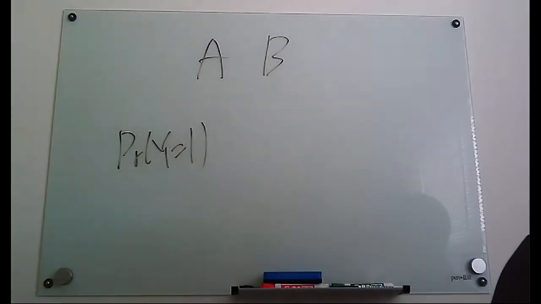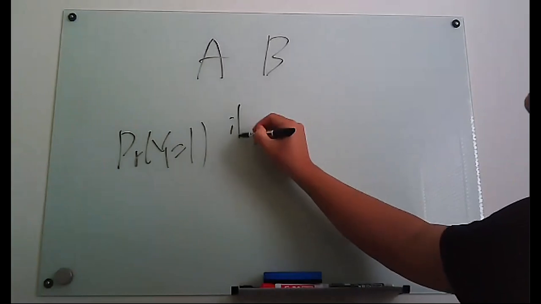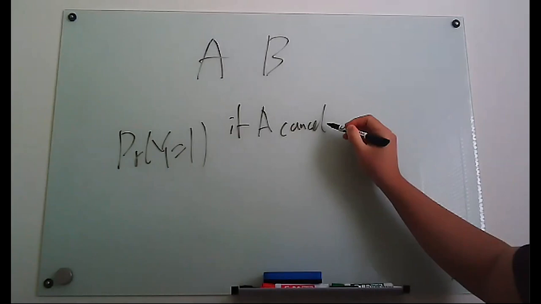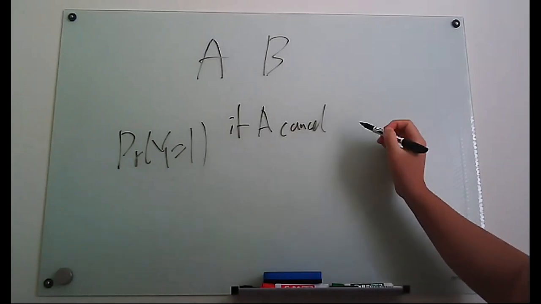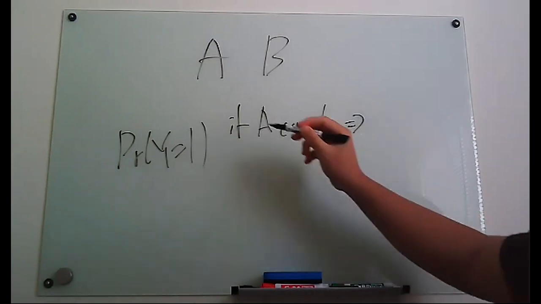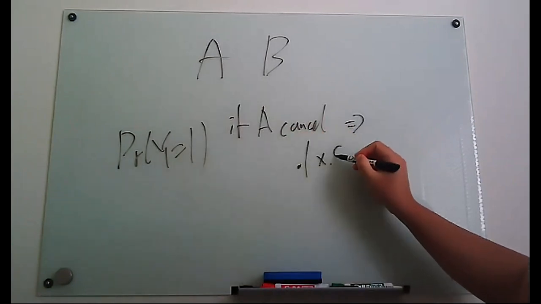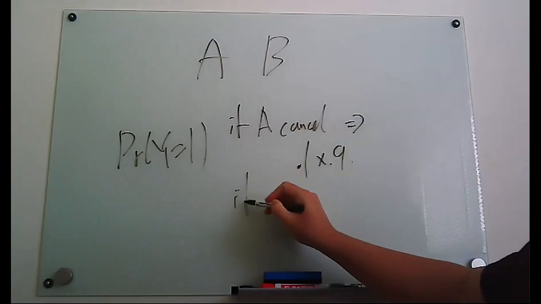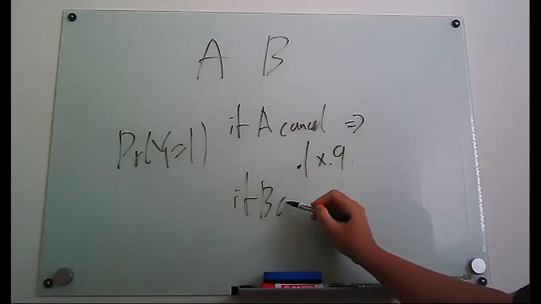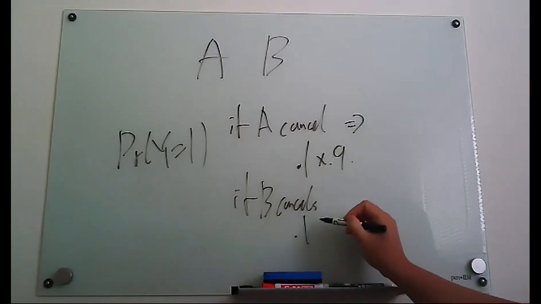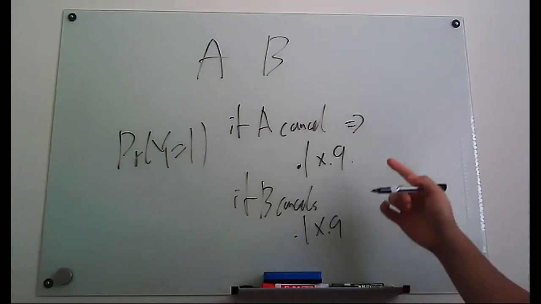So for example, if A cancels the reservation, then it's going to be 0.1 times 0.9. But what if B cancels the reservation? It's going to be 0.1 times 0.9 as well.